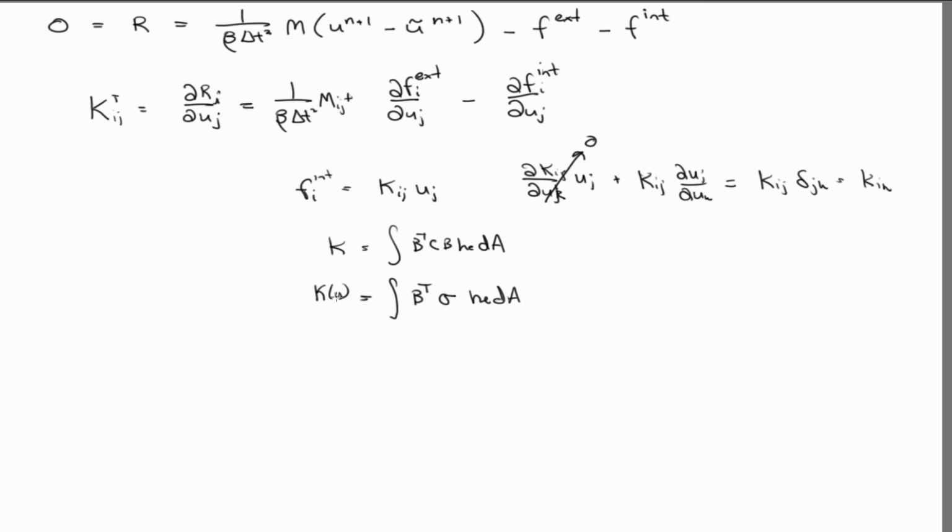So in this case, when we do that partial derivative operation, that partial K partial U is not zero, there's something there, right? It's a non-zero term.